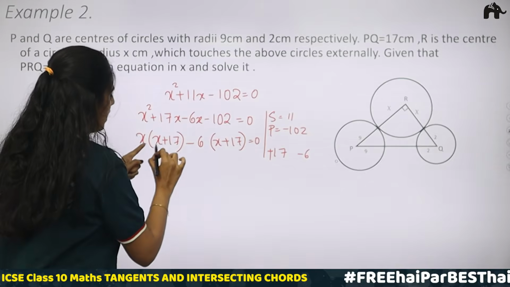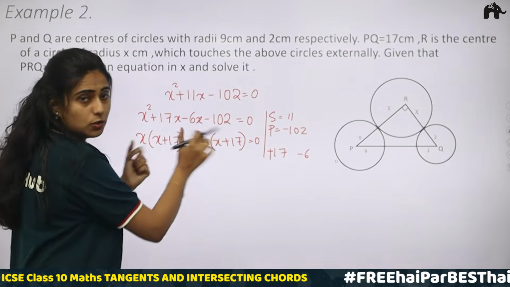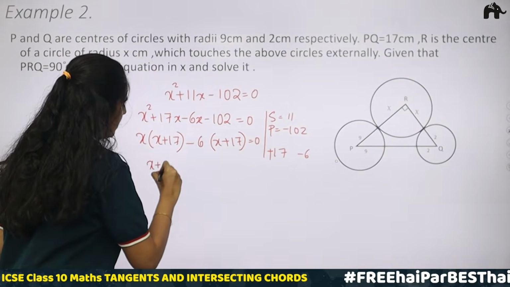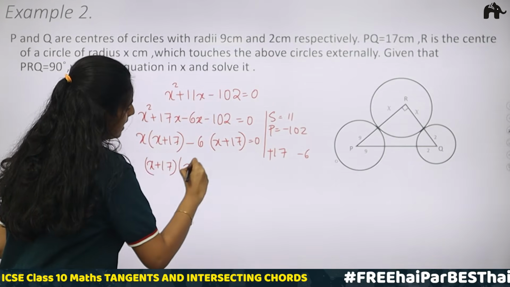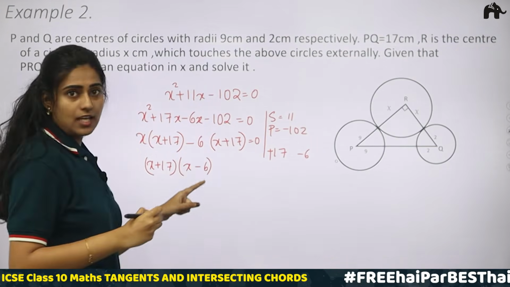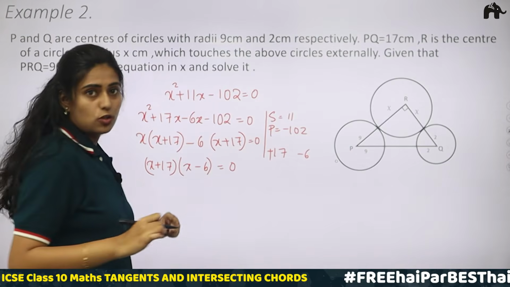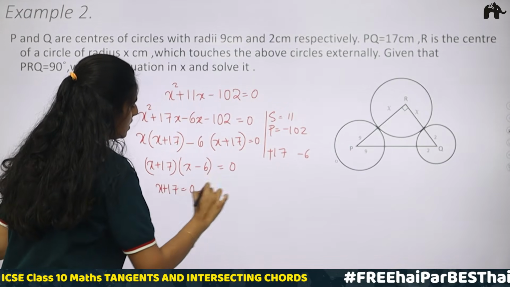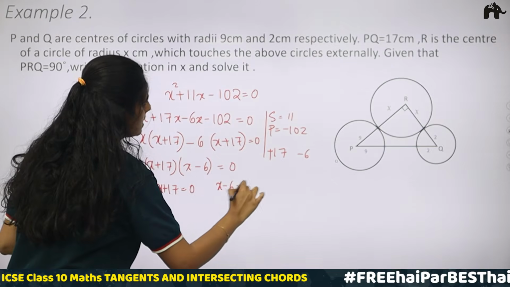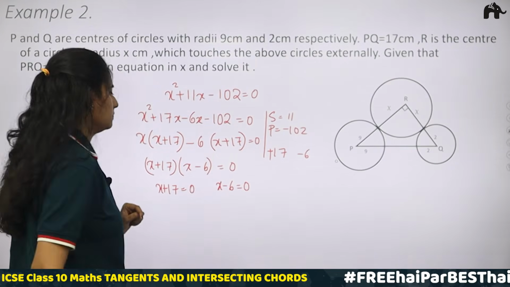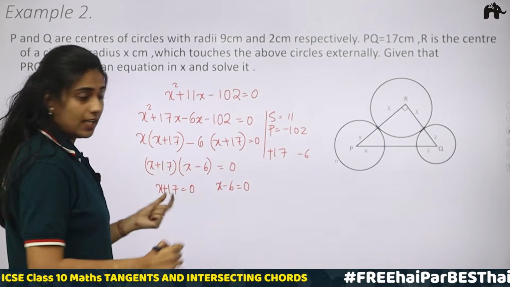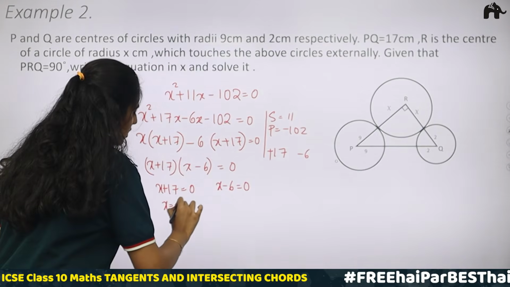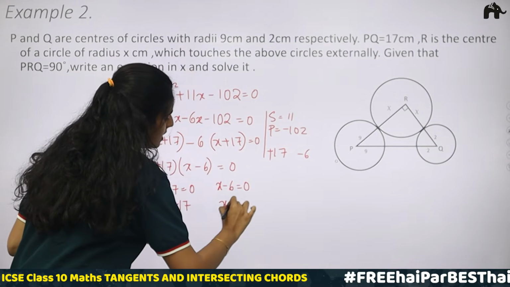Now x plus 17 is common to both the terms. Taking x plus 17 out, we have x minus 6 remaining and that is equal to 0. By the zero product rule, either x plus 17 is equal to 0 or x minus 6 is equal to 0. Then x is equal to minus 17 or x is equal to 6.